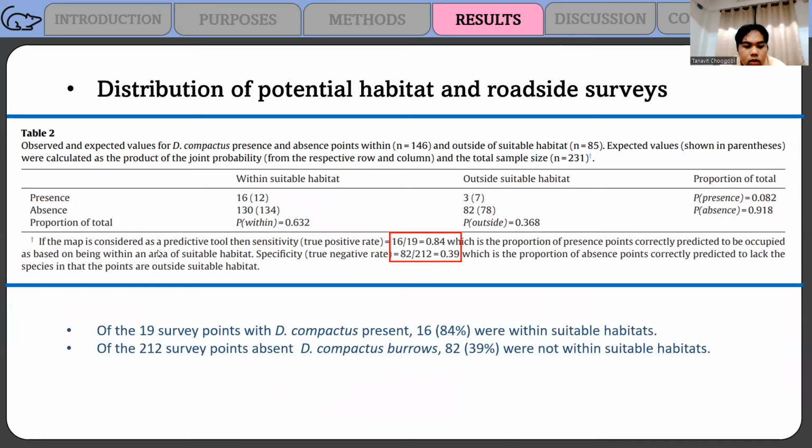For this table, of the 19 survey points with Diplodomys compactus present, about 84% were in suitable habitat. And of the 212 survey points where it was absent, 39 were not within suitable habitat.